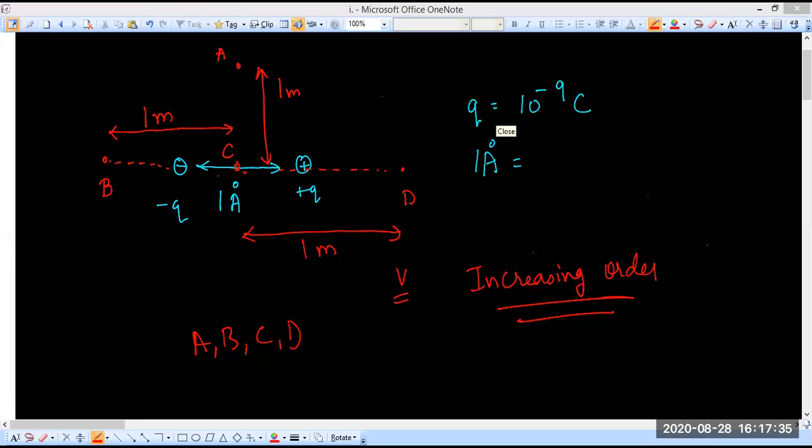Don't forget, the formula that we derived was for which case?